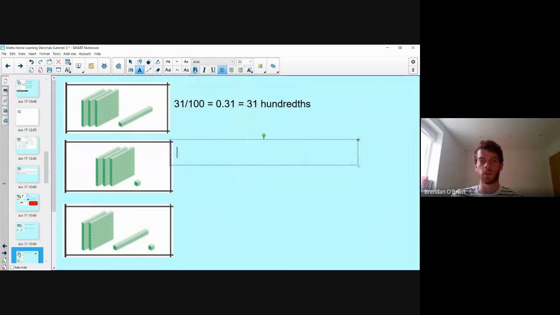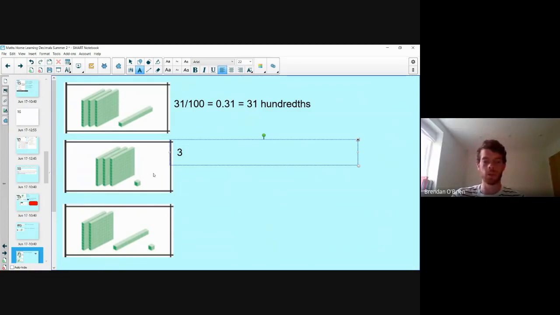Again, there we go. So the next one, again, if we look at how many tenths we have, how many of the flat ones which each one represents tenths, we have got 3. So again, I'm going to put 3. I'm going to look at how many hundredths I've got, the long ones.